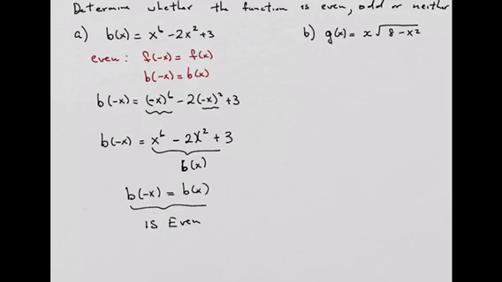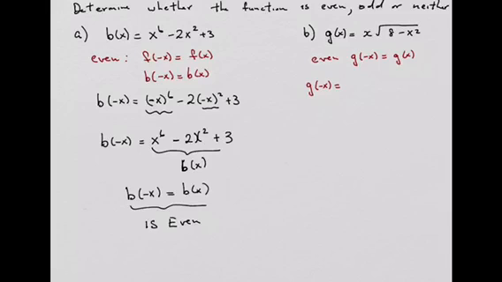In part B, we'll check for even again. For even, we know that g of minus x must be equal to g of x. So what is g of minus x?